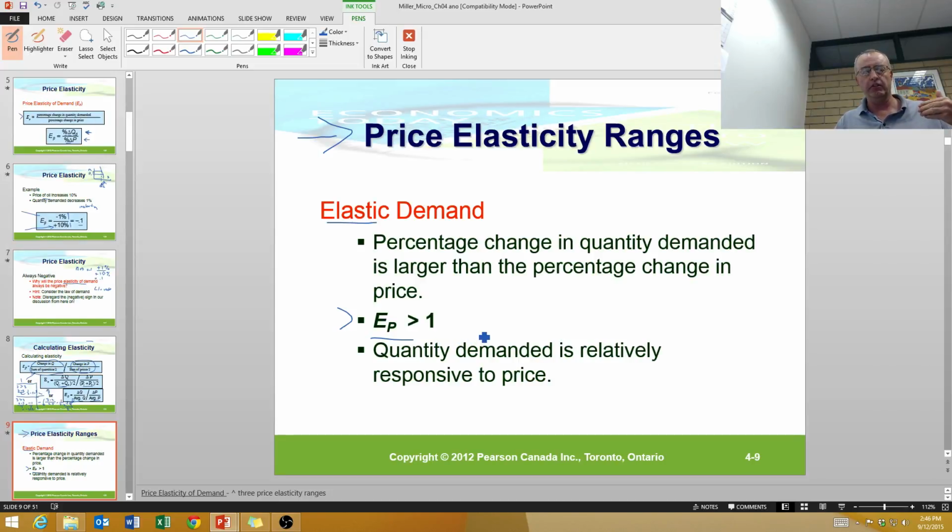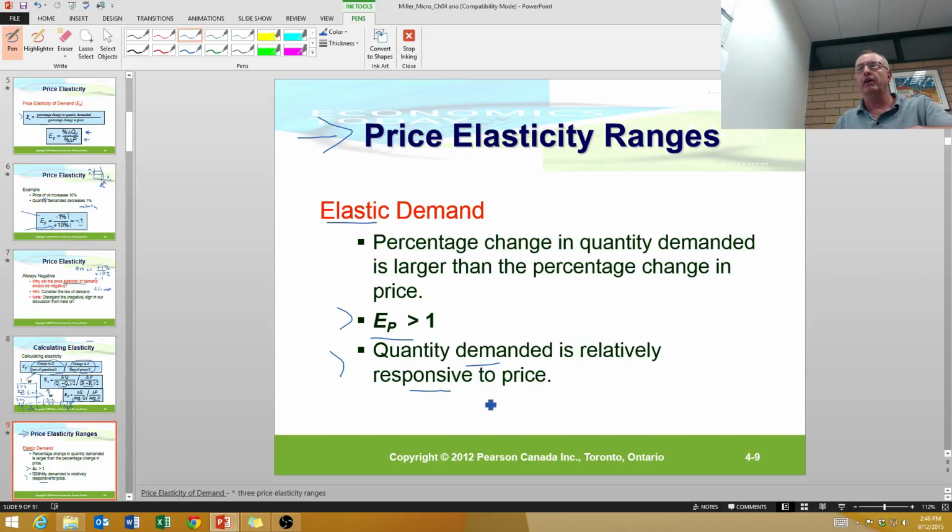So we increase our price by 100%, our decrease in quantity is 200%, or something to that effect. This means that quantity demanded is relatively responsive to changes in price.